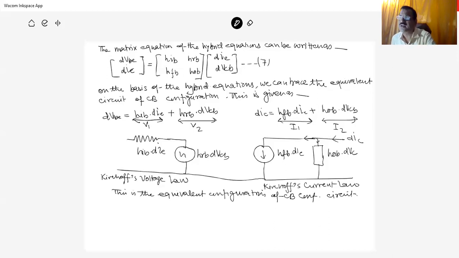We have to do some mathematical expression in order to get the total current and the total voltage.